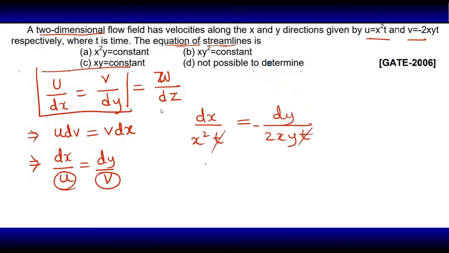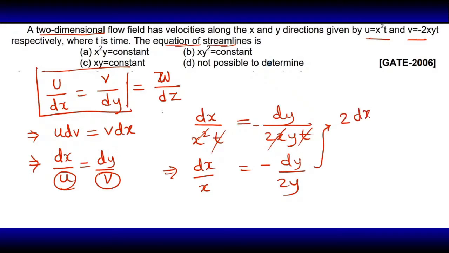This t will get cancelled off, and this x will get cancelled off. So you get dx by x equals minus dy by 2y. You can also write it like that: 2 dx by x equals minus dy by y.